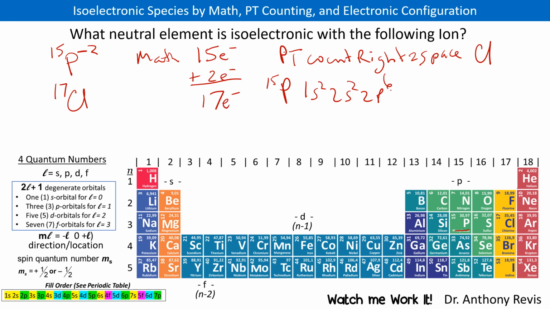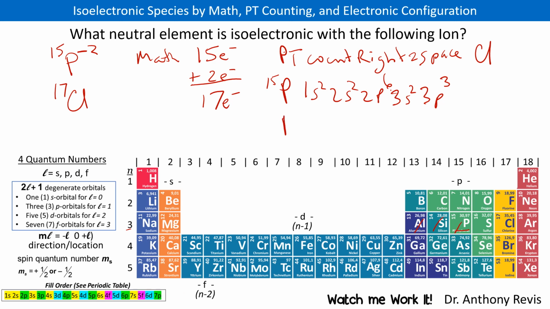And now we're on the quantum number 3, 3s2. And now we'll move to the p and we count over 1, 2, 3, 3p3, so 5 valence electrons. I see them right here. The highest principal quantum number. I feel good about that.